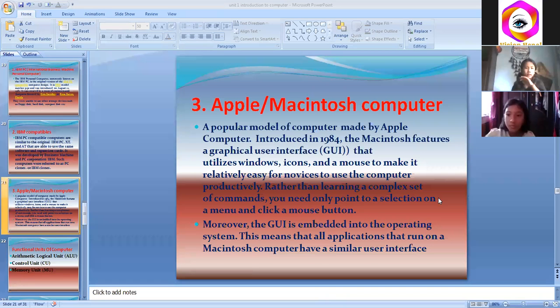Finished. Then the next topic is functional units of computers.